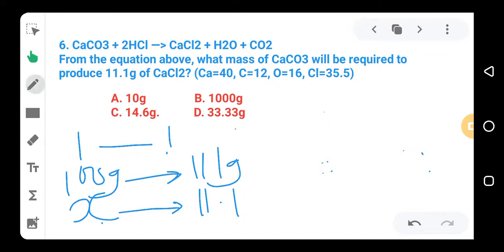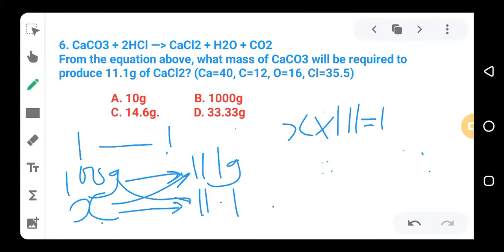Let's do cross multiplication again. We have this to this, we have this to this. Now we can say that X times 111 is equal to 100 times 11.1.